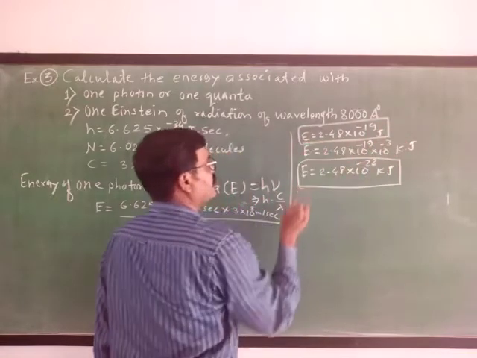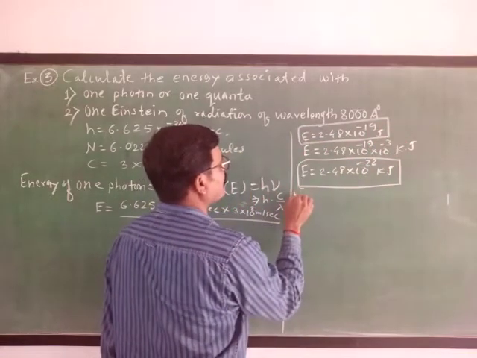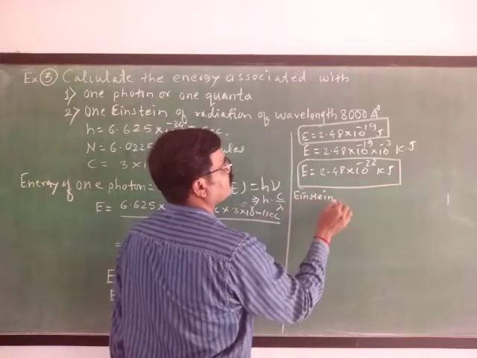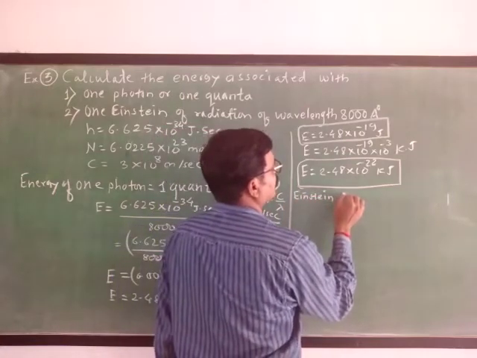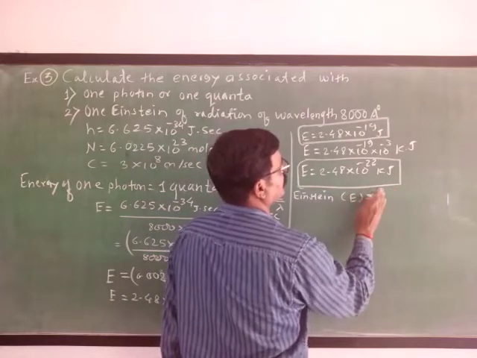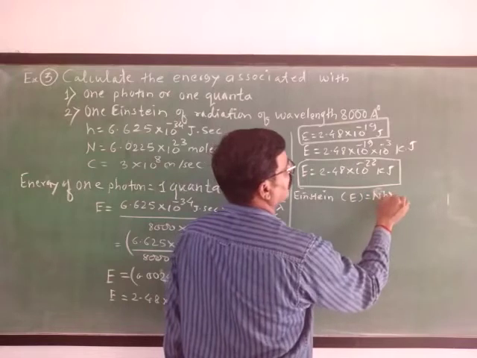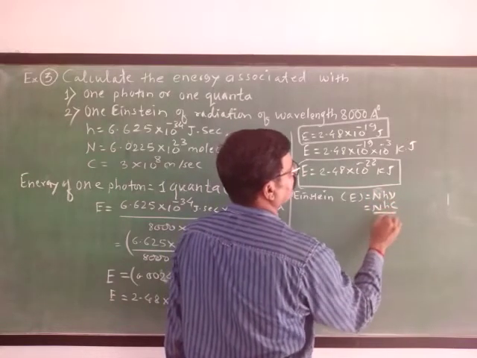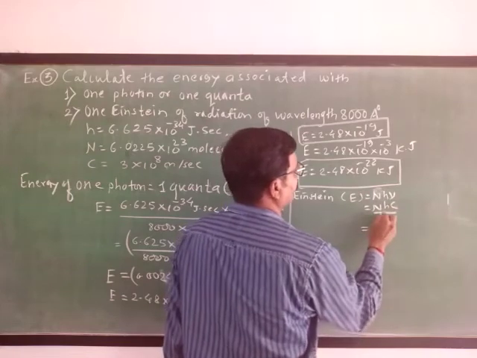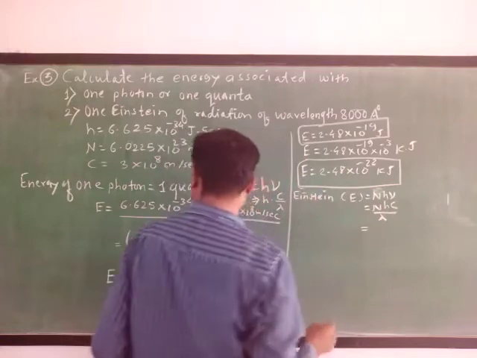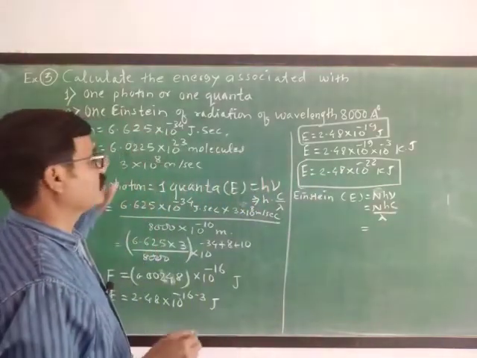Now next, see the energy of 1 Einstein is equal to N h nu, where N is Avogadro's number. That's why N into h, and again nu equals c by lambda, which means multiply h c upon lambda by the Avogadro's number.